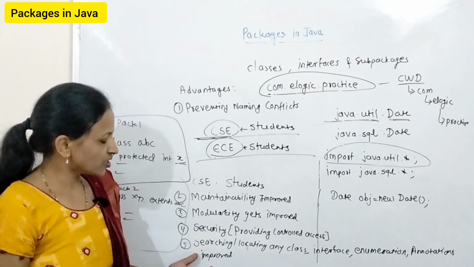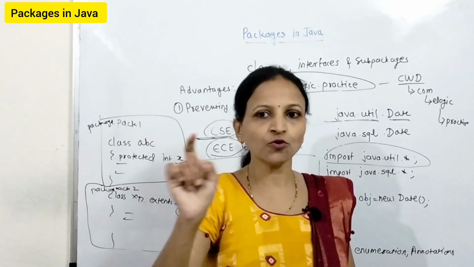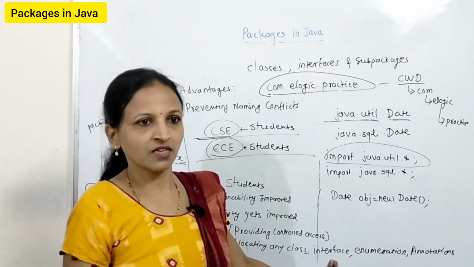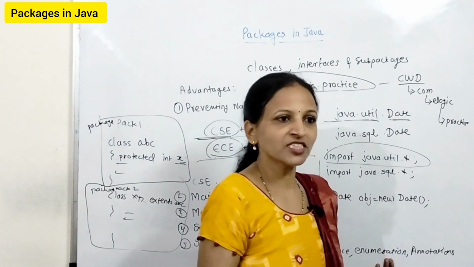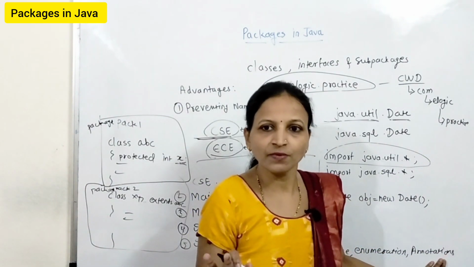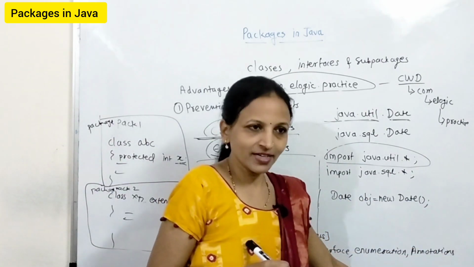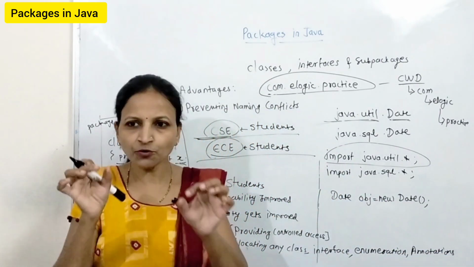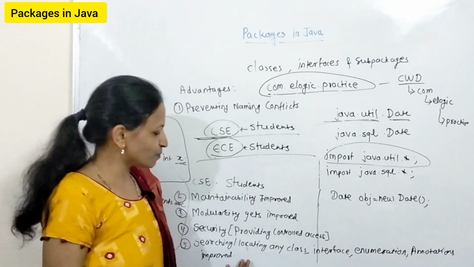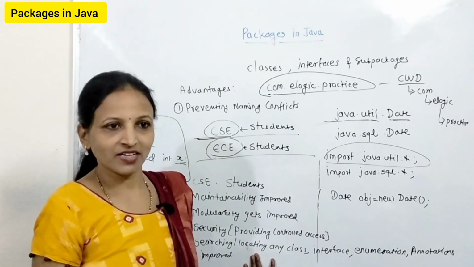See here, searching or locating any class: if you know the package, then you can easily search. If you want to search for any interface or any enumeration, meaning enum, we have seen, or annotation, that part we will see in another session. If you want to search for any unit inside your application, and you know the package, then you can easily search for that. Because of this package concept, you have got one more advantage.